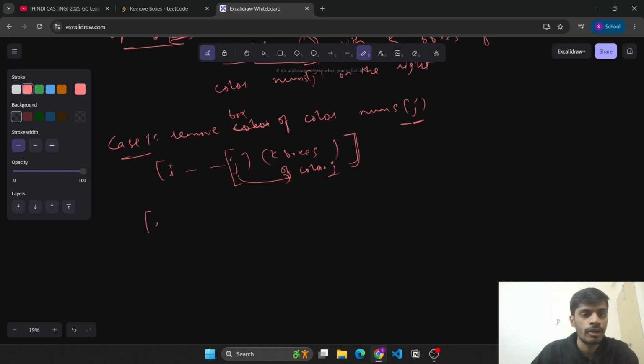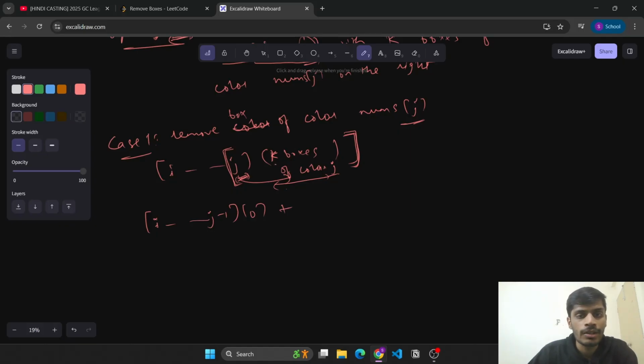We will need to solve the new problem dp of i till j minus 1, and the number of k's on the right will be 0, because we have utilized this j here. So this portion will be solved. We have utilized all the k colors, so it will be 0, and we need to add the cost.